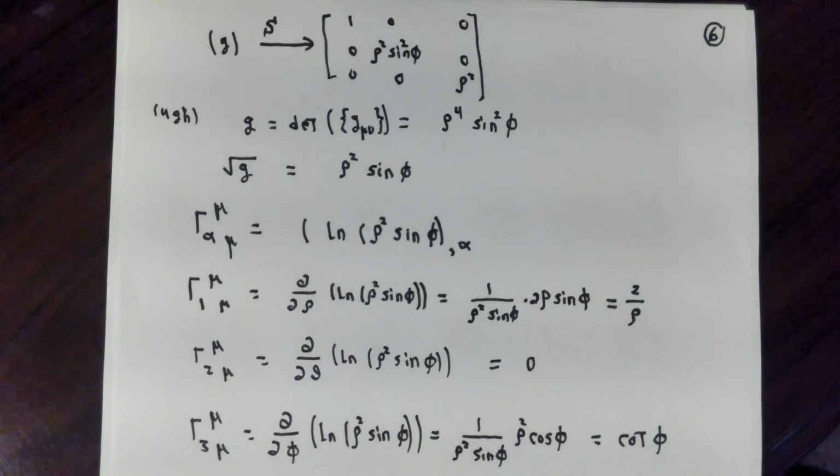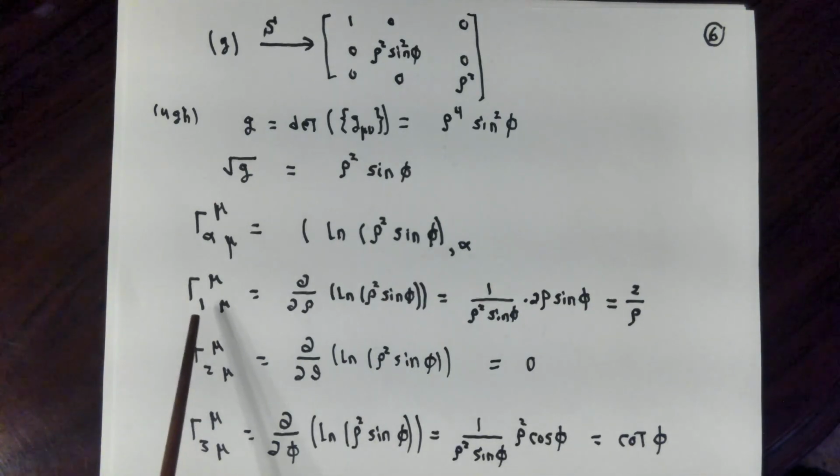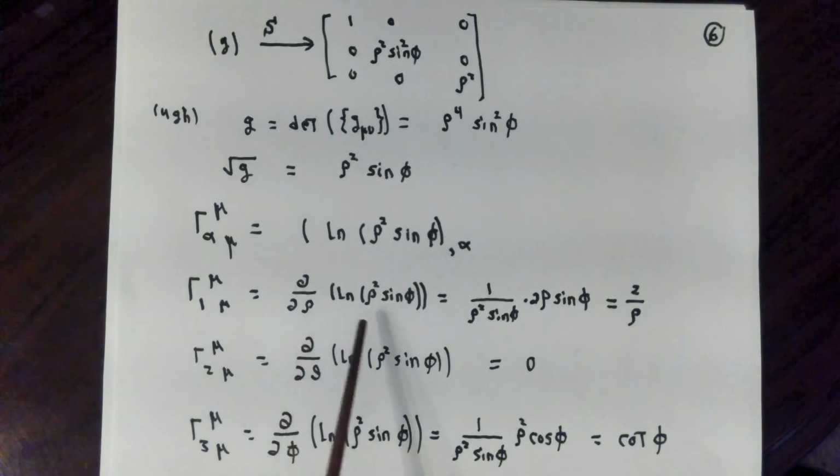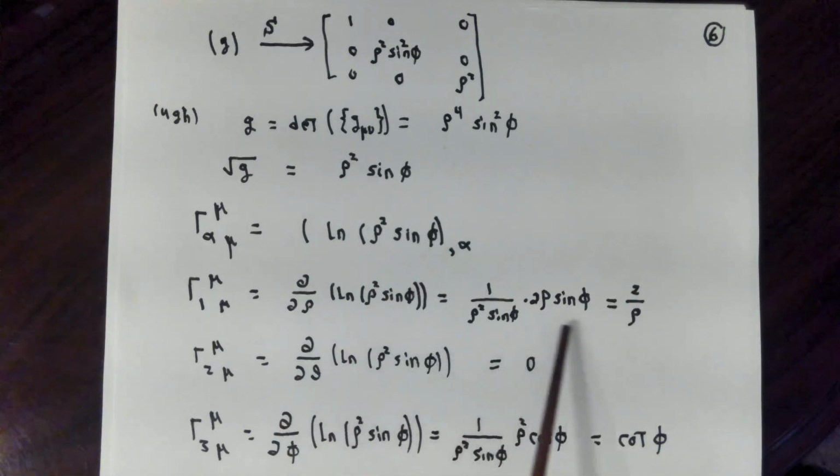We're going to need to note some of those combinations of Christoffel symbols, but because of the fact that we talked about in a previous video, these are very easy to get. Here, I'll just take the partial derivative with respect to variable number 1 of natural log square root of g, and then by using the ordinary chain rule, I find out that that's 2 divided by rho.